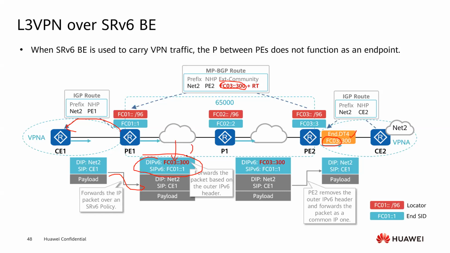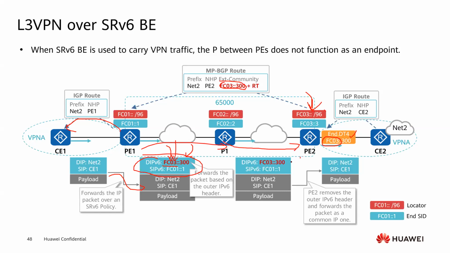This packet's destination is FC03. It's a locator. We can forward based on the IP routing table, because this locator is being advertised by IGP. So everyone knows how to get to this locator. So the P1 will, based on the IPv6 routing table, send to the PE2.